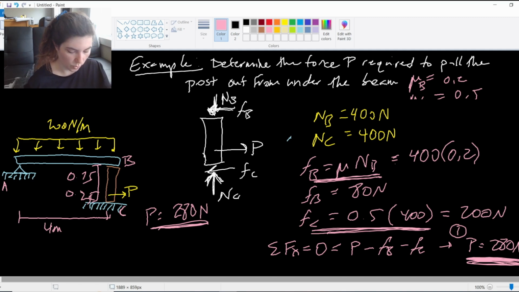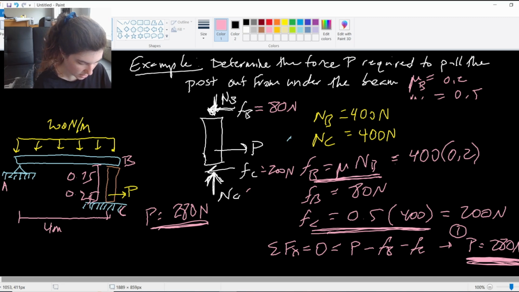So let's check both of those. And the way we're going to go about checking both of those is by taking a moment. So I want to keep both of these in mind when I'm doing these moments. So FB is 80, FC is 200.